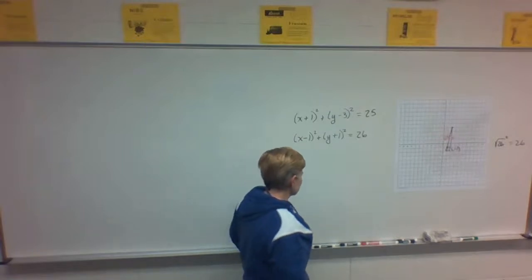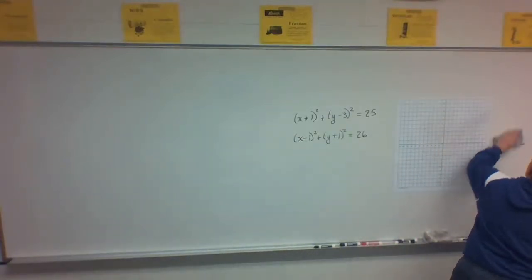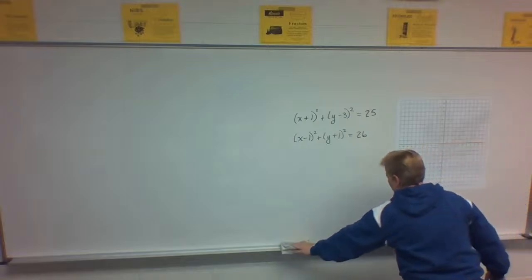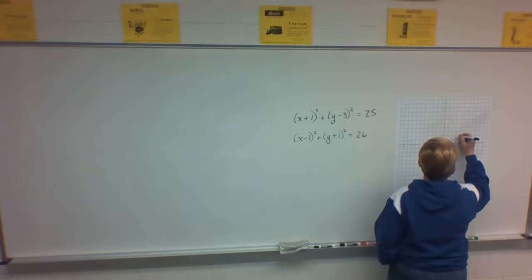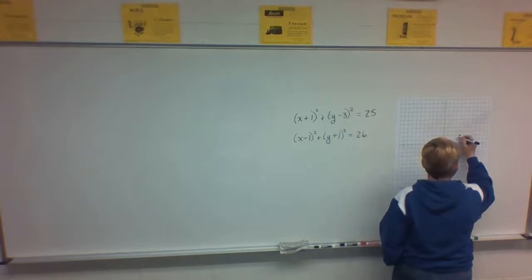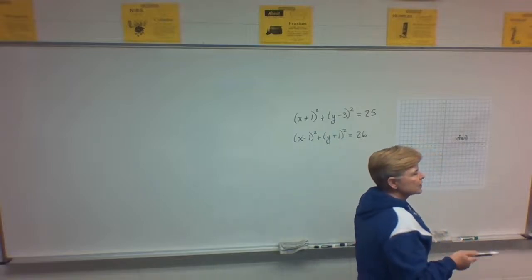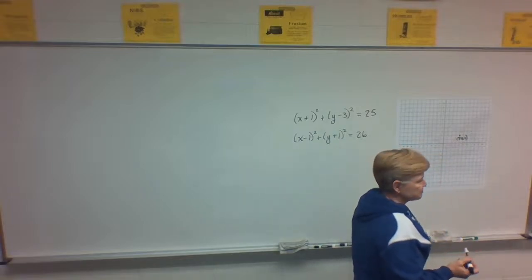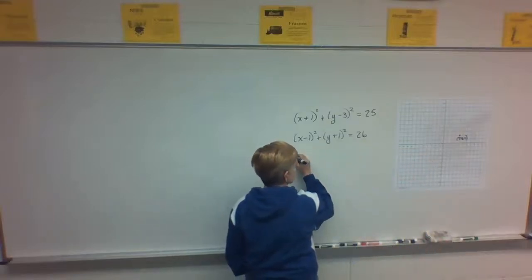Okay, now let's try another one. It's got different information about it. What if I tell you that the center of a circle is located at (4, 2), and the circle itself is tangent to the y-axis? That would give me x minus 4. I can write this half over here.